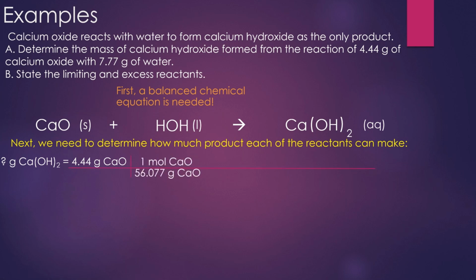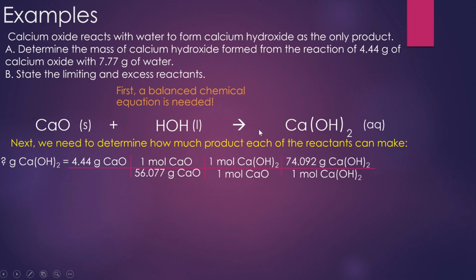First step, convert our mass of calcium oxide into moles of calcium oxide. We use our periodic table, we'll add 1 calcium and 1 oxygen to gain a mass of 56.077 grams per mole. Next, we use our balanced chemical equation to go from moles of calcium oxide to moles of calcium hydroxide.